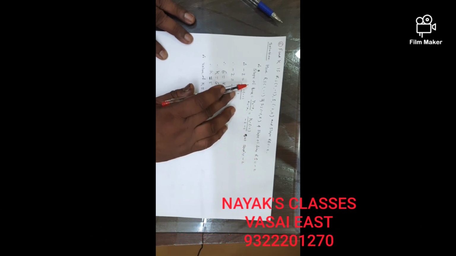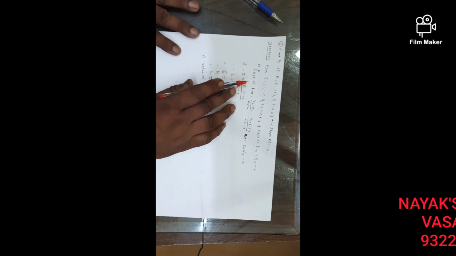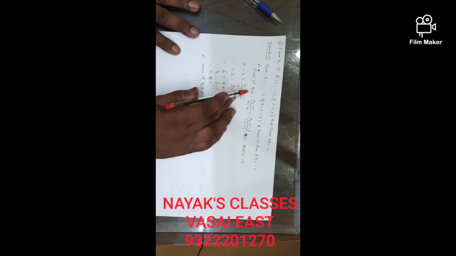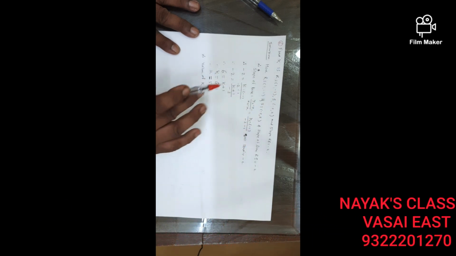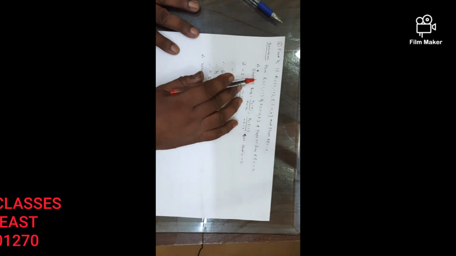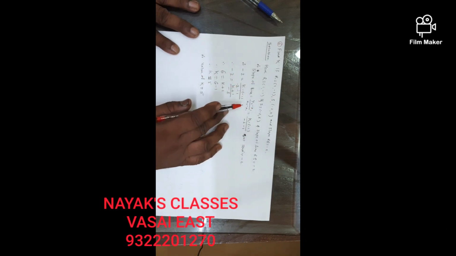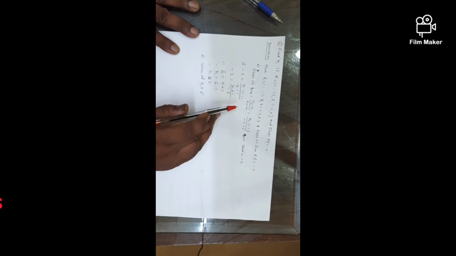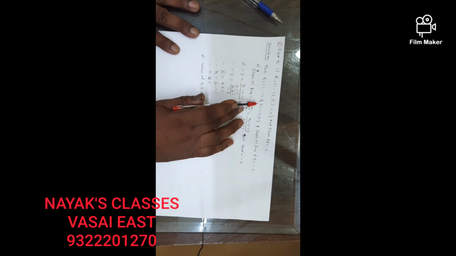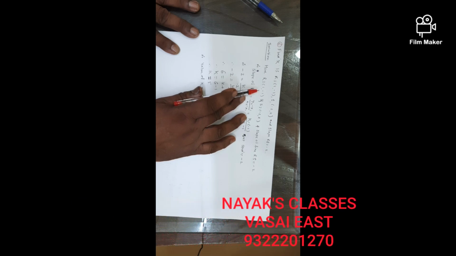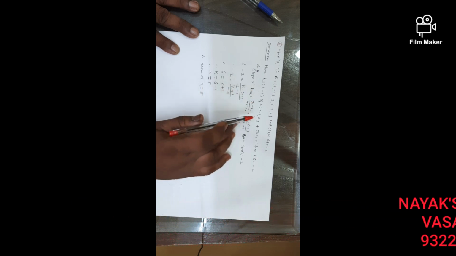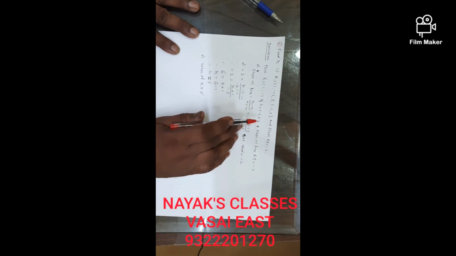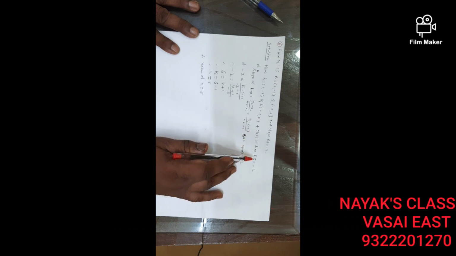So by the slope formula, the slope of line RS is equal to (y2 minus y1) upon (x2 minus x1). For RS, the coordinates of R become x1, y1 and the coordinates of S become x2, y2, and the slope is already given.